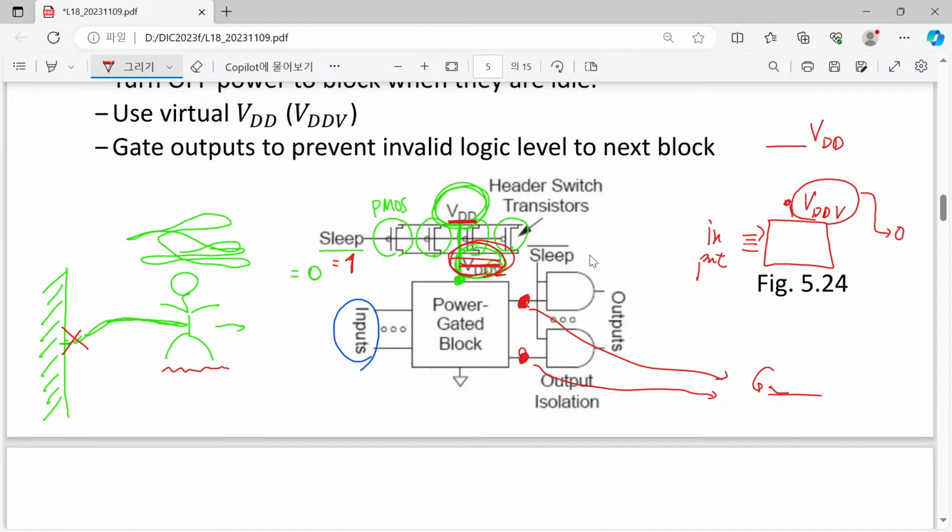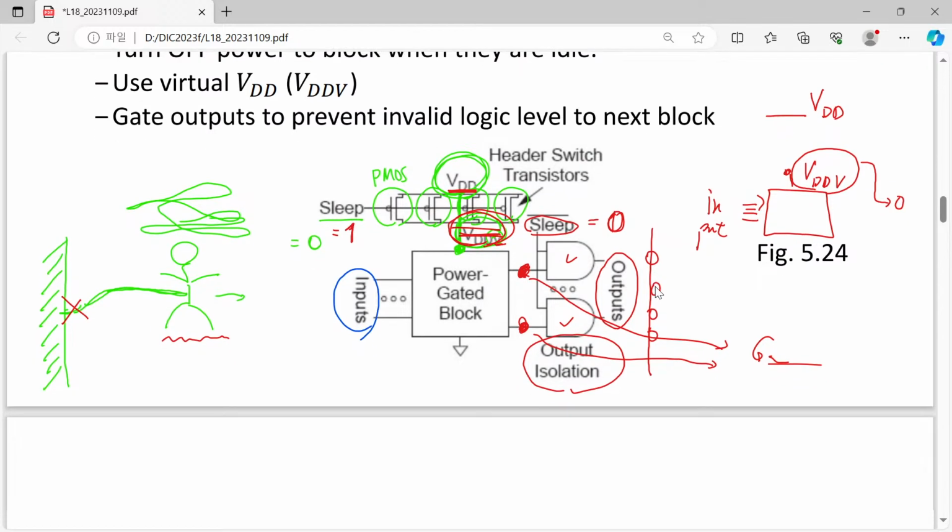So when sleep equals 1, we should not use this output. So this output is isolated by taking this AND operation. When sleep equals 1, then sleep bar becomes 0, and the final isolation AND gives us just 0 output everywhere. So we will not use this output. So that is the point.